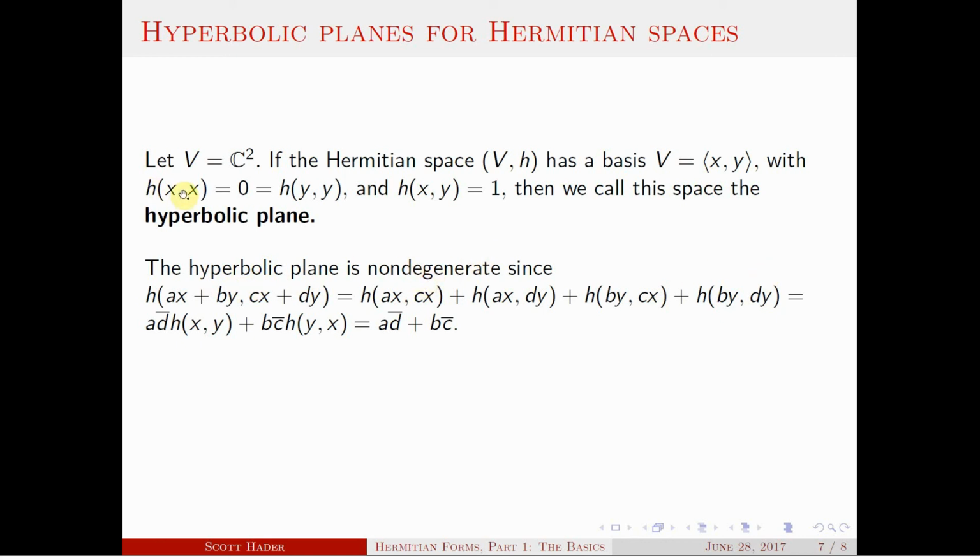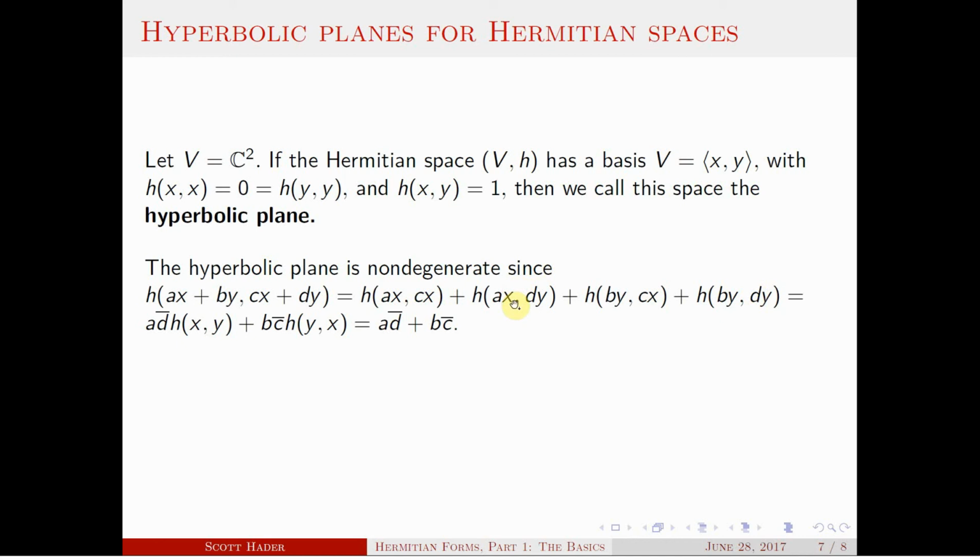Now h of xx is 0, so do you see why that implies that h of ax cx is 0? If we just pull out the a and we pull out a conjugate of c, then we're going to have times 0, and that's going to be 0. And similar to this here, that will also be 0.